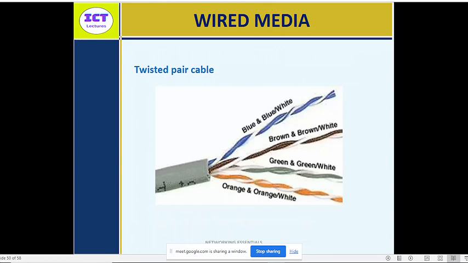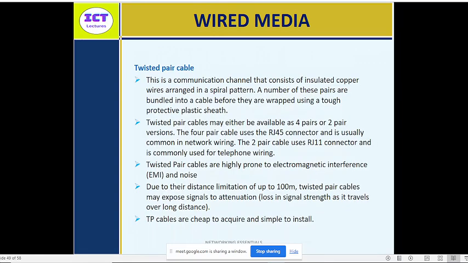And you can see, why are they twisted? That twisting enables the eradication of what we refer to as crosstalk. Crosstalk means that if these particular cables are not twisted, there will be interference of the data being transmitted, right? We talk about electromagnetic interference. As you can see, they still have issues of interference, even if they are twisted.